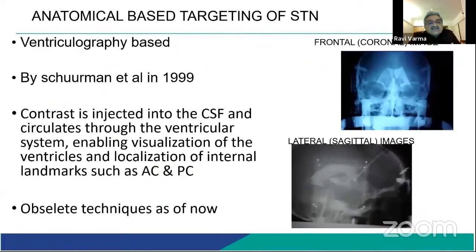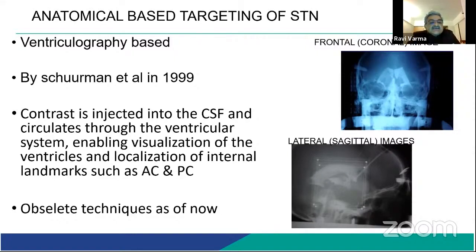So let's talk a little about history. In the past, it was all done using ventriculography. Schaltenbrand et al. explained this in 1999 from Paris, and I think Dr. Benabid is an exponent of this, who does all his work using ventriculography. A contrast is injected into the CSF space, and then the whole ventricular system is delineated.